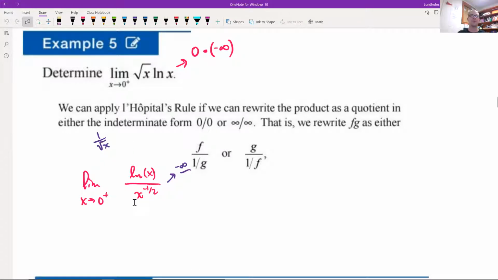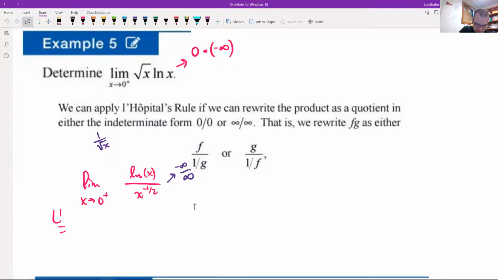But that x to the negative 1/2, the denominator would be going to 0. So the entire fraction would be going to infinity. So we're in a scenario where we've got negative infinity over infinity. And so we are in an indeterminate form where L'Hopital's rule will be appropriate.